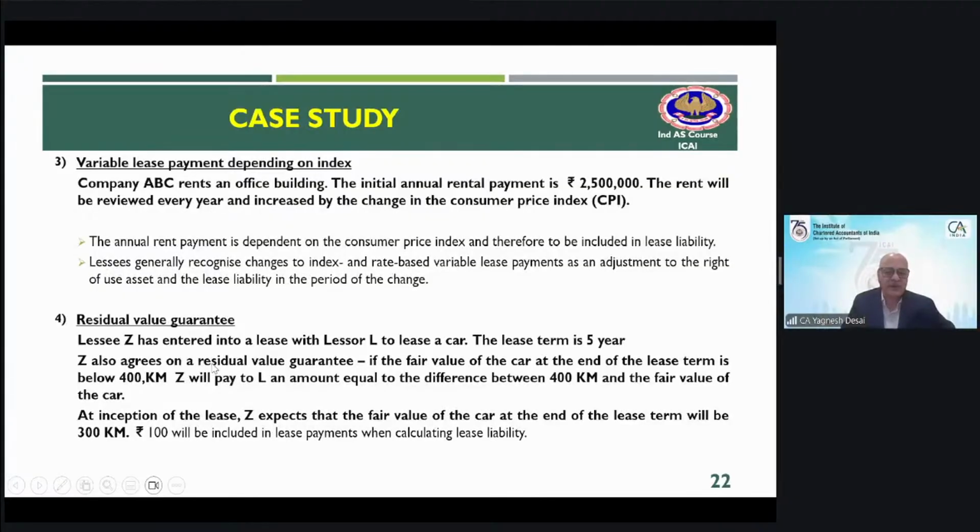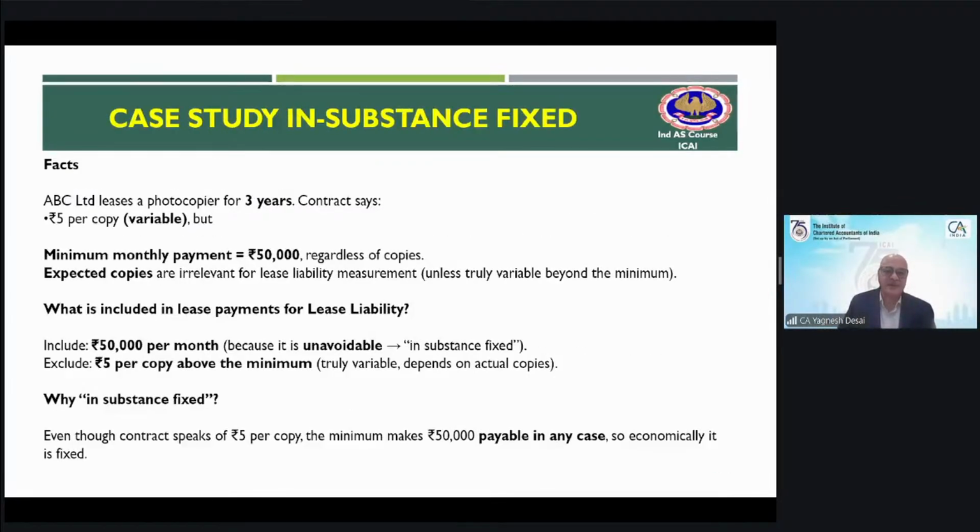Suppose, for example, what he has assured is 400, and you are likely to get 300. 400 is the assurance given by the lessee to the lessor, and you expect that you will get 300. So, what is your call? What is your burden? What is your commitment? 100. Correct, sir? So 100 you will include in your lease payments.